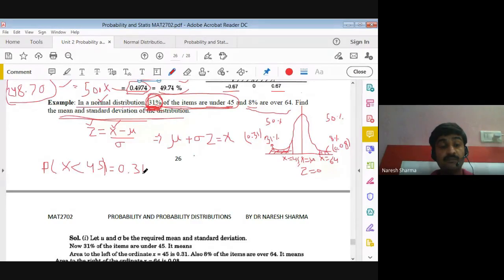So when x is 45, we just assume that z is z1.